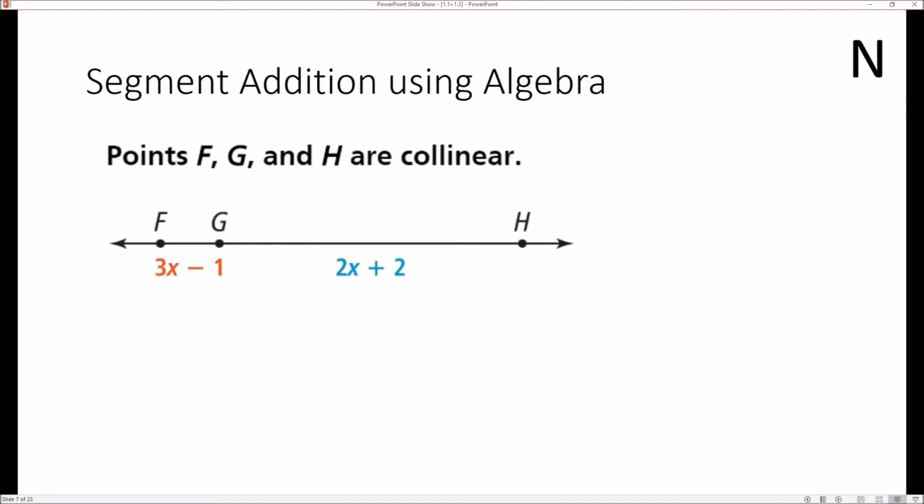They're collinear, which means they fall on the same line, so if G interrupts that line, we can now find what they're equal to if we know one of the values numerically of FG or GH.